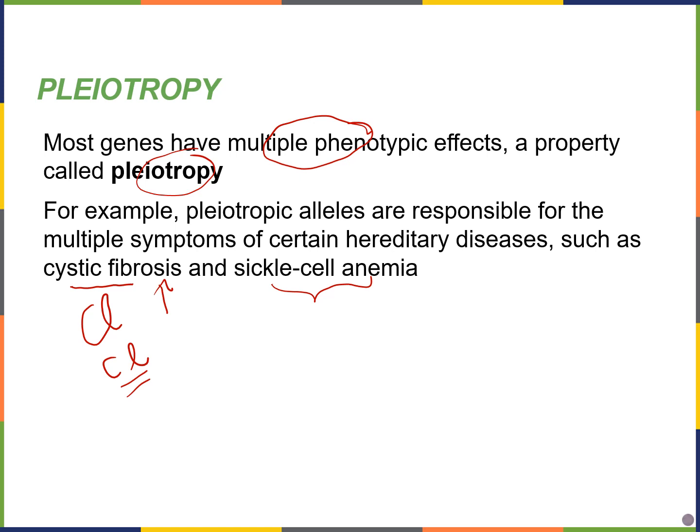They don't live as long. They're misformed and they don't bind oxygen properly. This can cause a lot of pain in the body, chest pain. It can cause problems with the spleen, even stroke, sometimes jaundice or yellowing of the skin, the eyes, the mouth. So we can see multiple phenotypic effects as a result of a mutation in a single gene.